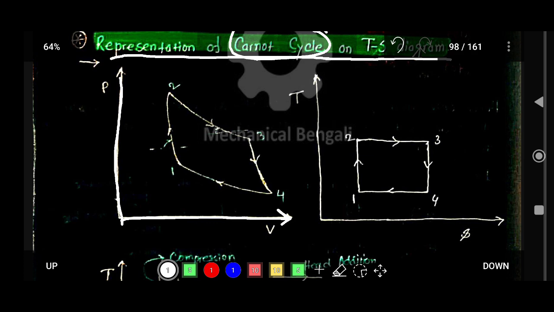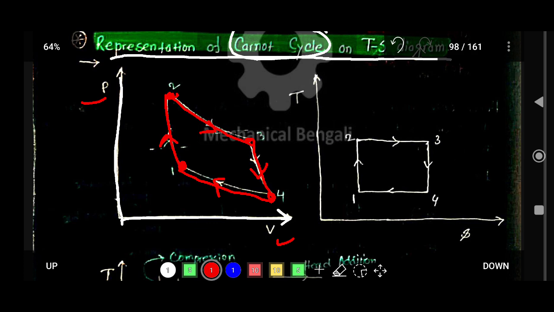State 1 to state 2 is one process, state 2 to state 3 is another process, state 3 to state 4 is another process, and state 4 to state 1 is another process.